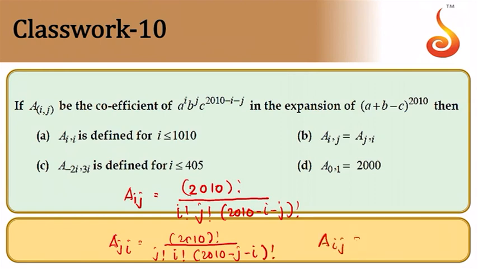Suppose if I write Aji, this is also 2010 factorial divided by j factorial, i factorial, and 2010 minus j minus i factorial. A simple question. So what we find is Aij is same as Aji. So both are same. So option B is correct.